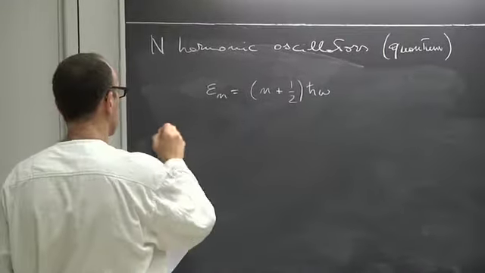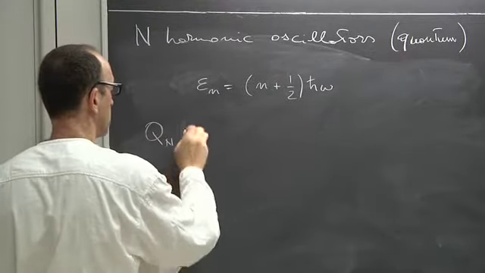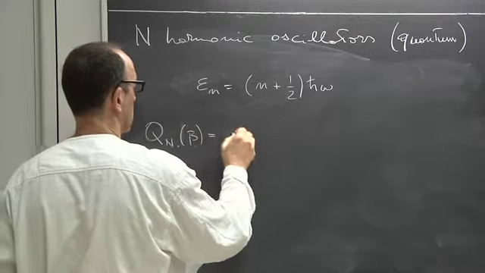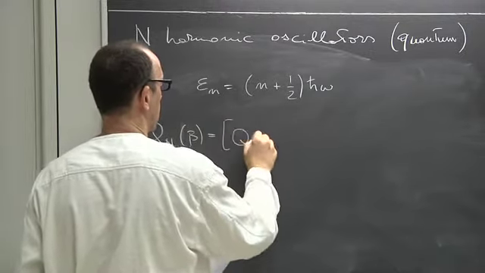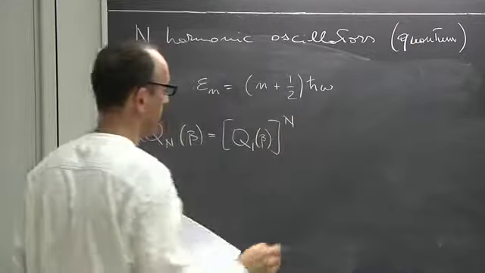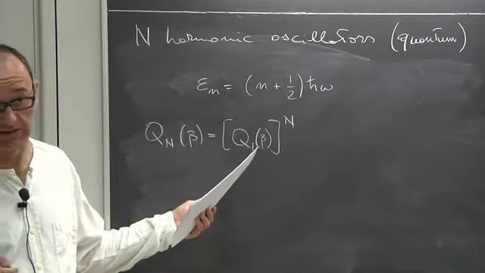So again, we can compute the partition function as a function of beta, as the partition function of a single oscillator raised to the power n, because again these oscillators are going to be independent.